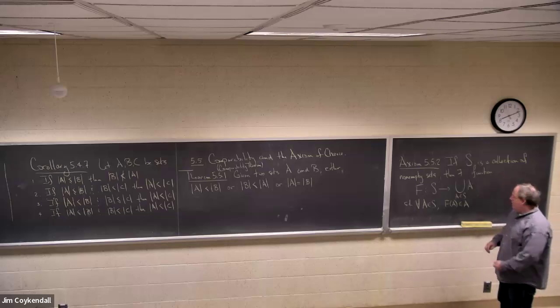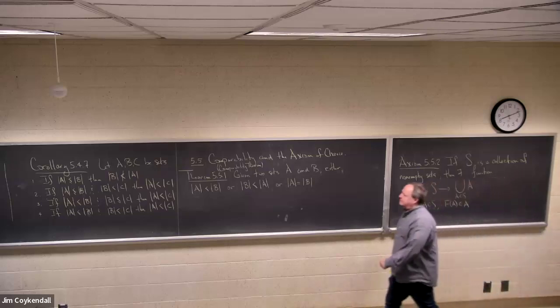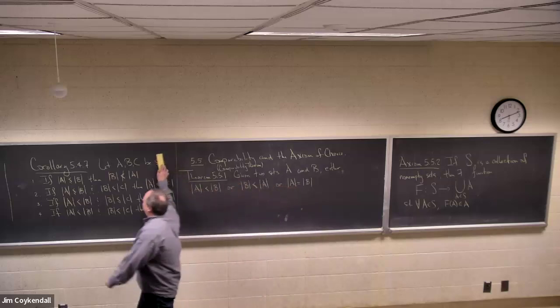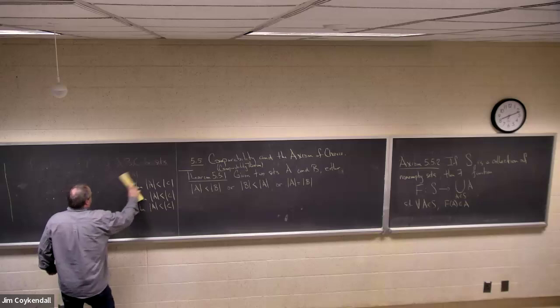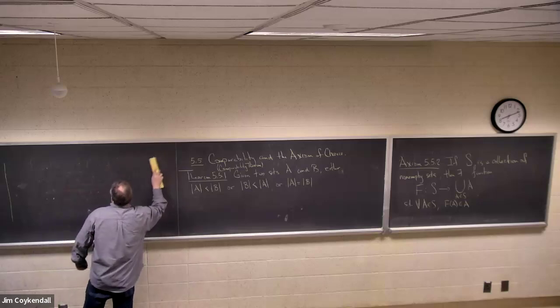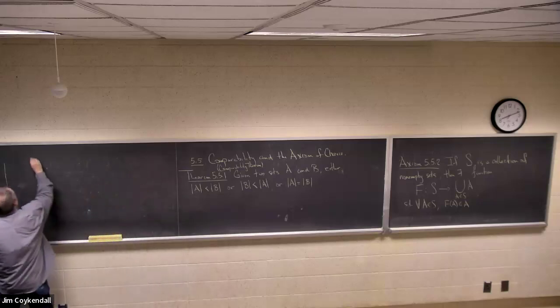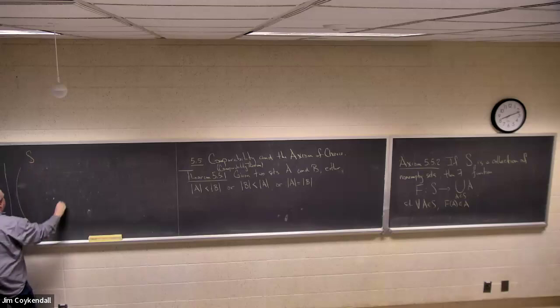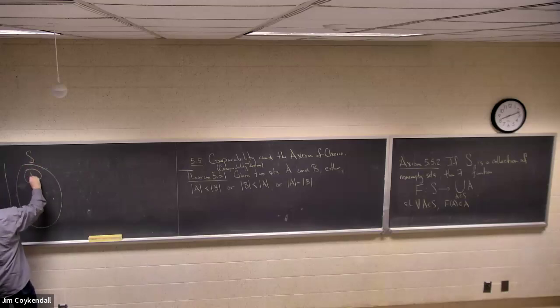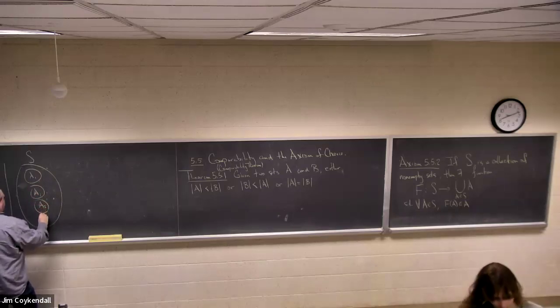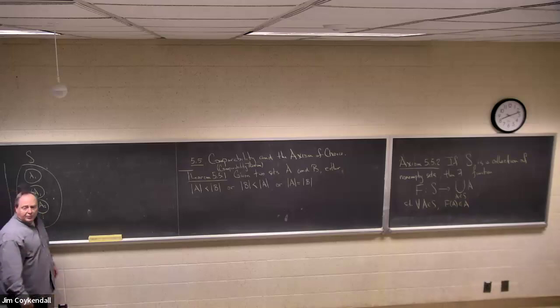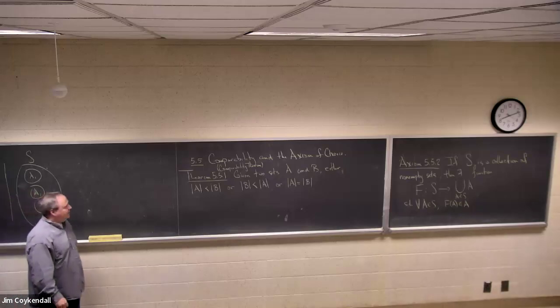So what I'm doing is making choices. Let me kind of diagram this. Suppose I have a large collection of sets.